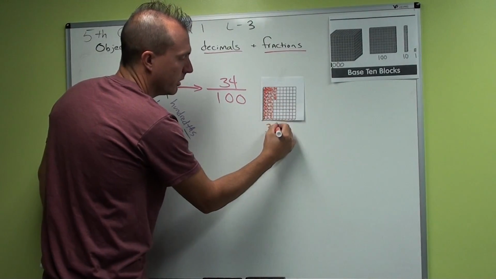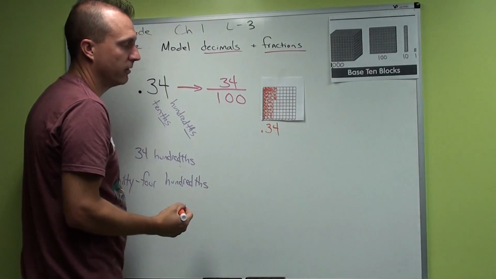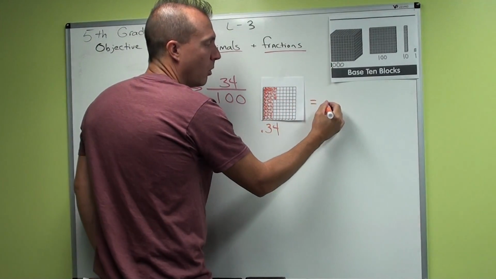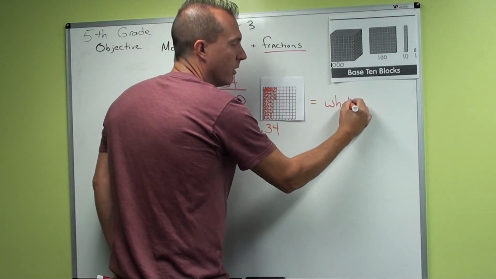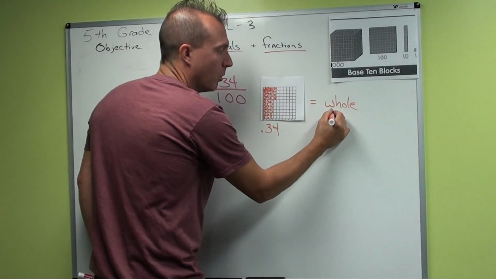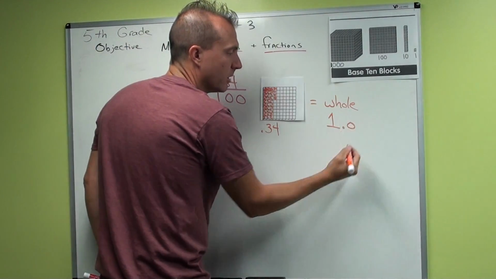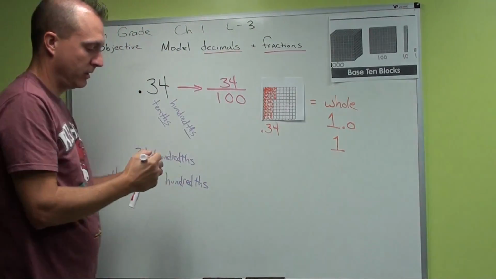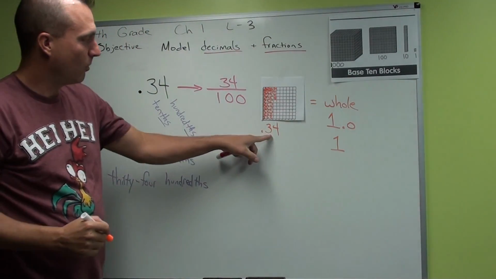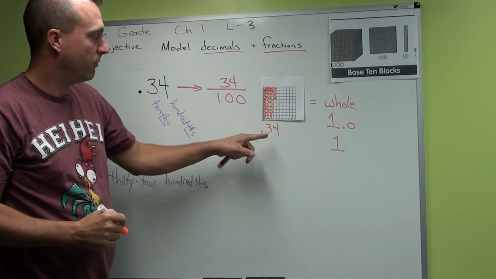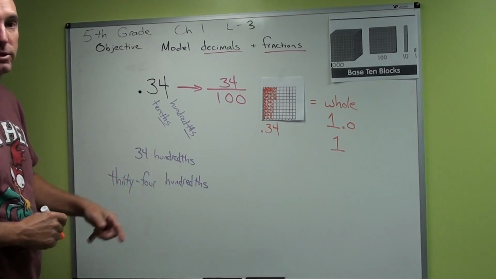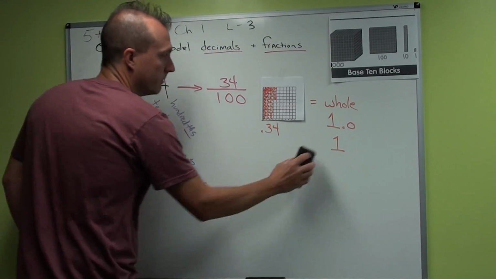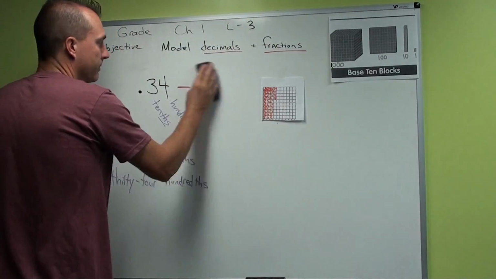I filled in 4 here. I put a decimal point in the front. Because the whole thing equals a whole. A whole looks like 1 decimal point 0 or 1. But we're not at a whole, we're only at decimal point 34 or 34 hundredths. Okay. Alright, let's move on. We gotta keep going.